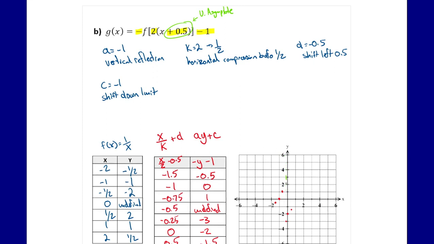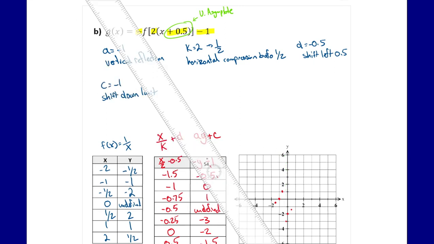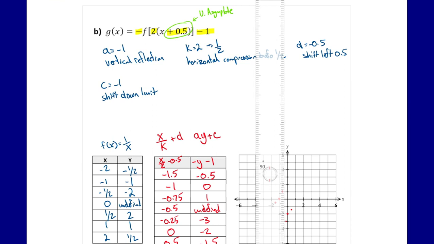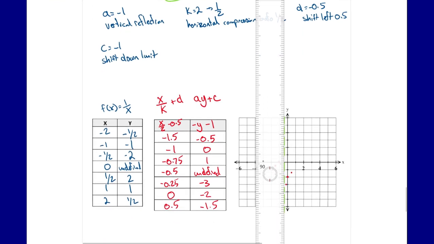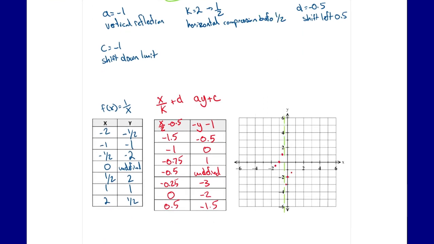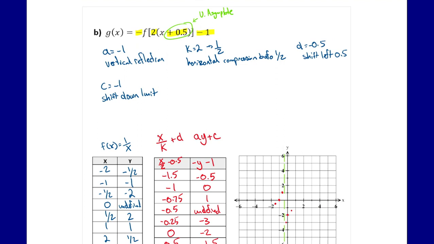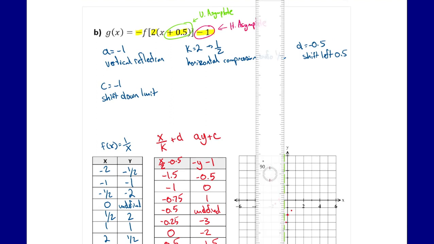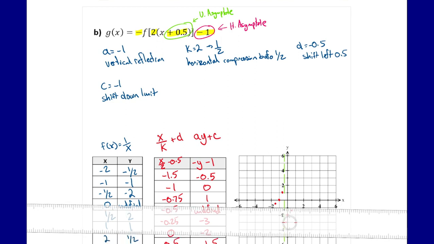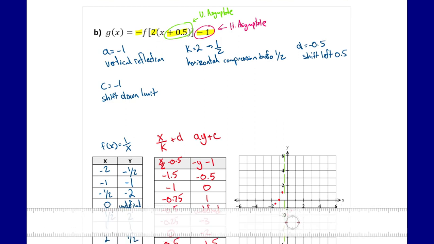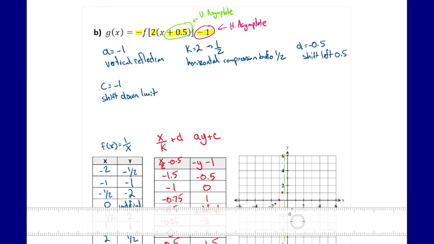I'm just going to use a ruler. I'm going to cheat a little bit just to make it nice and straight. So I have my vertical asymptote here, and then my horizontal asymptote is the c value, which would be along here.